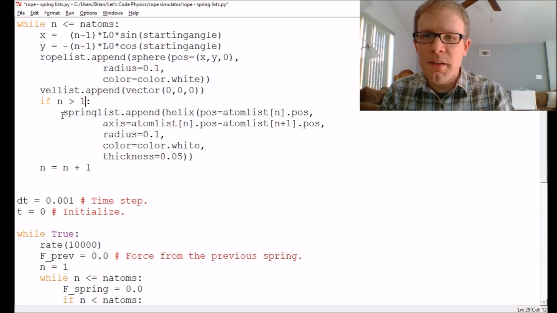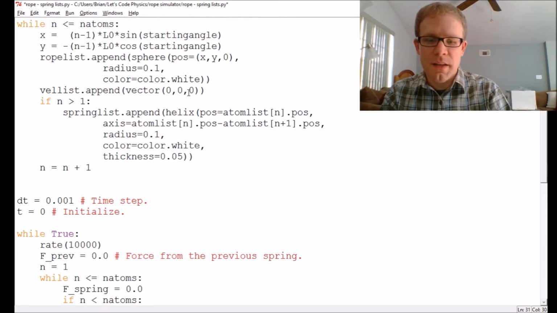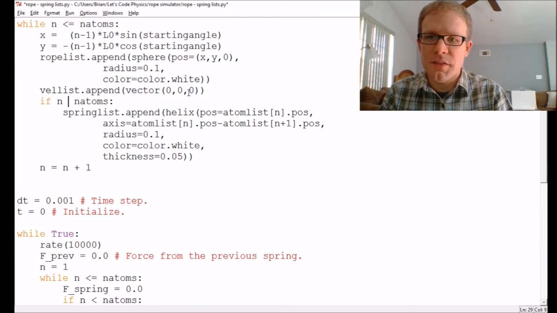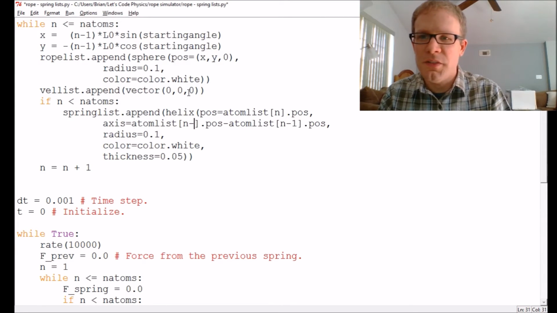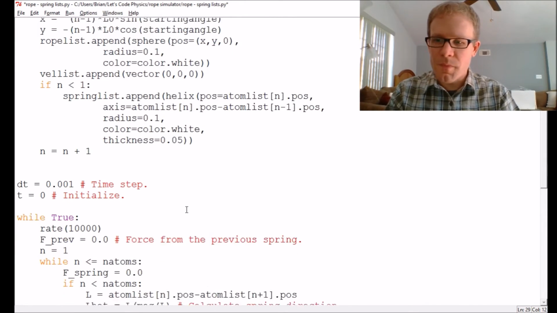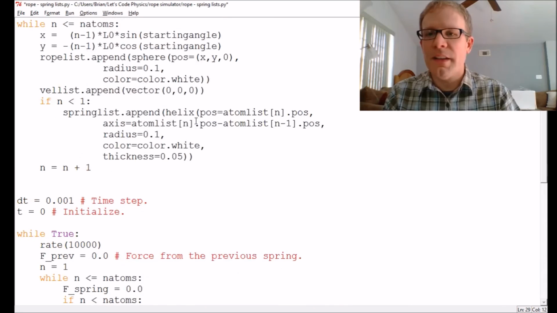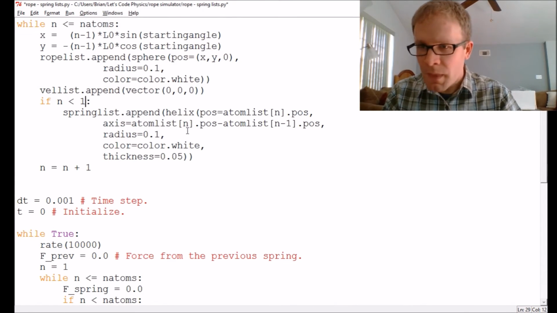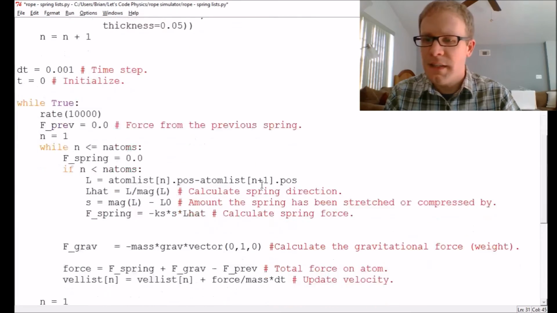N greater than 1, and then this will be, yeah, let's just do a whole bunch of undos. Control Z, Control Z, Control Z, Control Z, there we go. All right, so I had it, okay, actually, I'm not even sure, oh, well, we'll stick with it. We'll go head to tail, so we'll go from source to end.